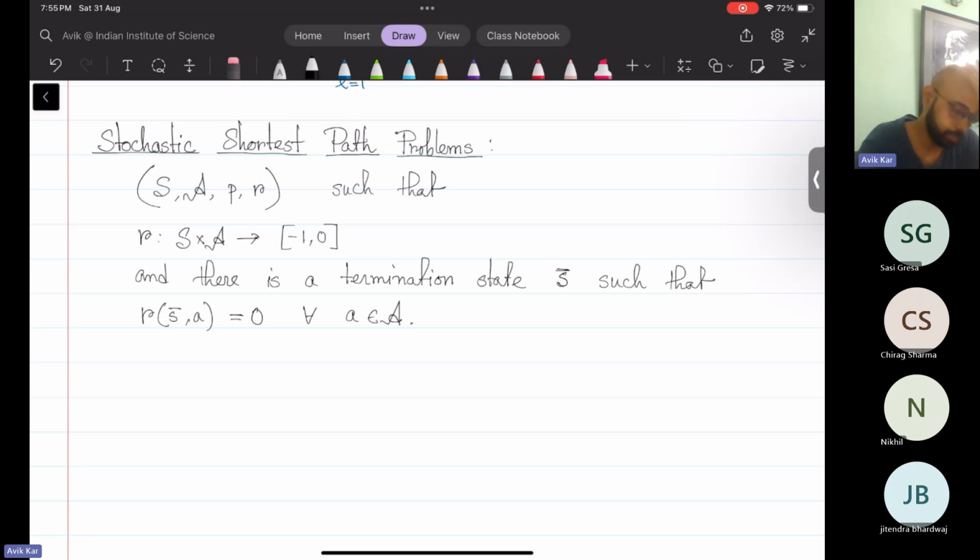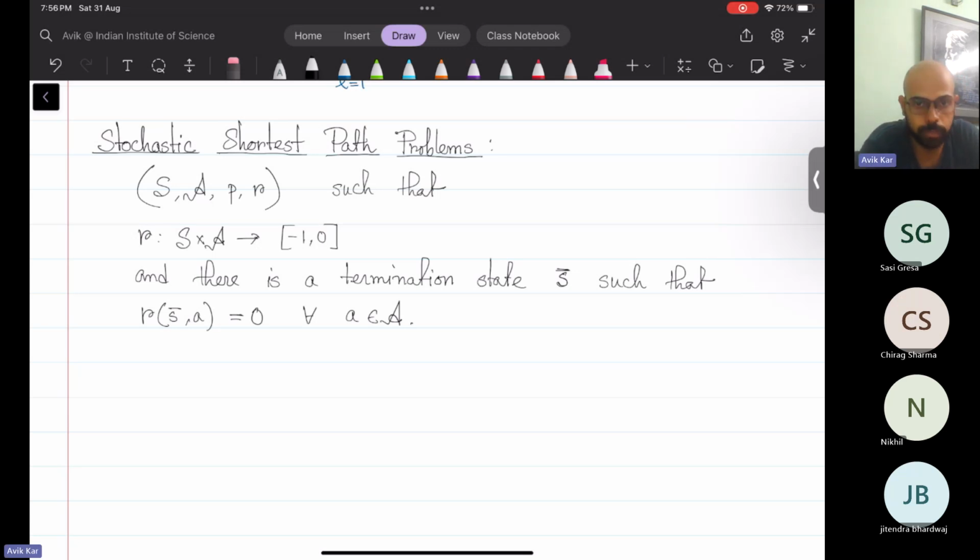What does that mean? So you see, if you have reached s bar, from there onwards, you will get the highest reward possible, right? Do you agree with me? 0 is the highest reward, right? Because the reward function is between -1 and 0. So once you hit this termination state s bar, from there onwards, you are getting the highest reward.